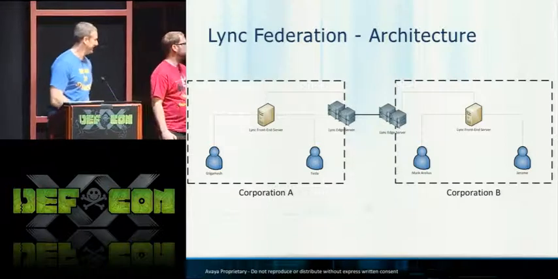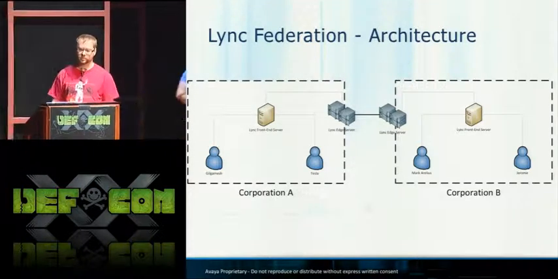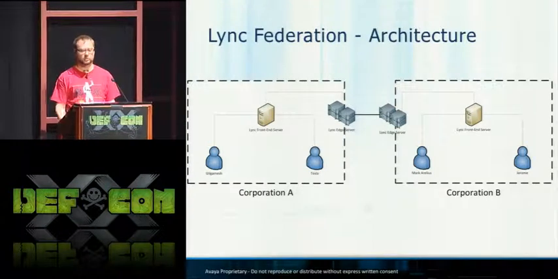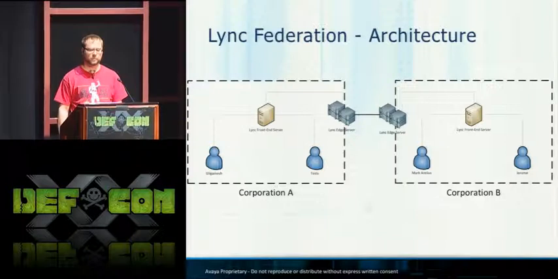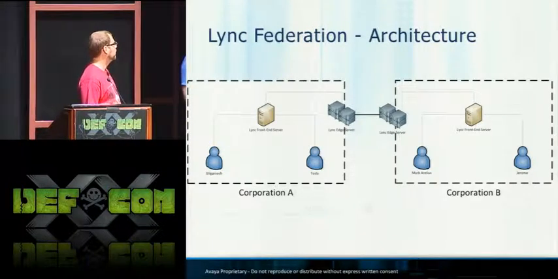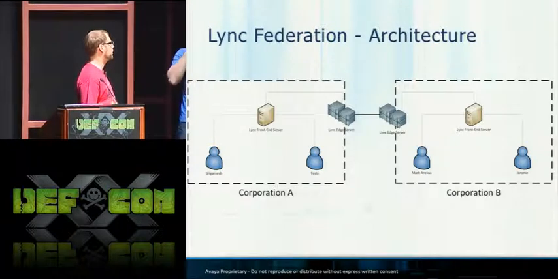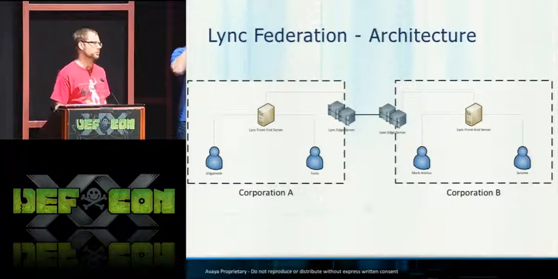All right, this is a really high-level overview of how Link architecture looks. You have edge servers, and that's how people connect through the public internet. Behind that, you have the Link front-end servers for internal users. The front-end servers really just negotiate authentication for the back-end, and it still works the same way with DNS SRV lookups.